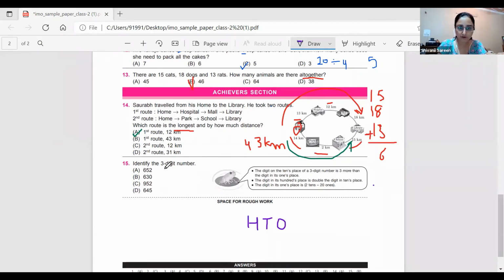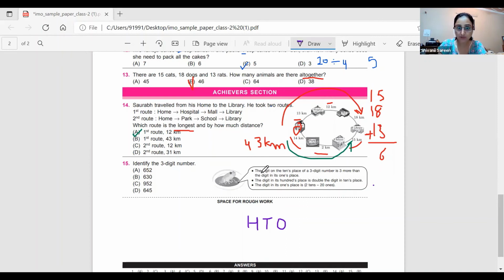Identify the 3-digit number. These are the hints given. Based on these hints, we need to identify the 3-digit number. A 3-digit number has hundreds, tens and ones. So let's read the instructions. The digit in the tens place is 3 more than the digit in its ones place.